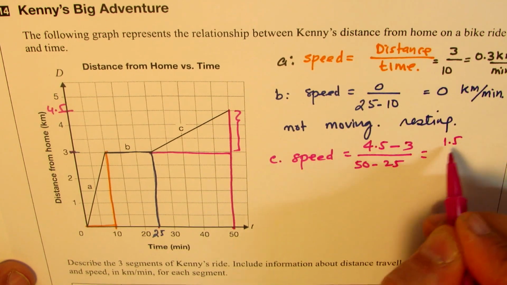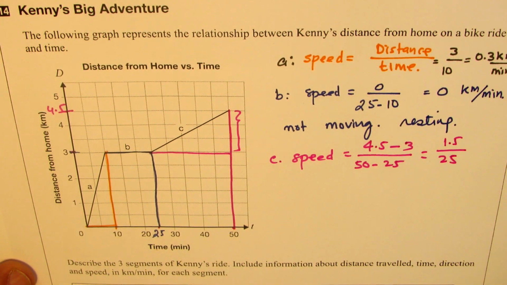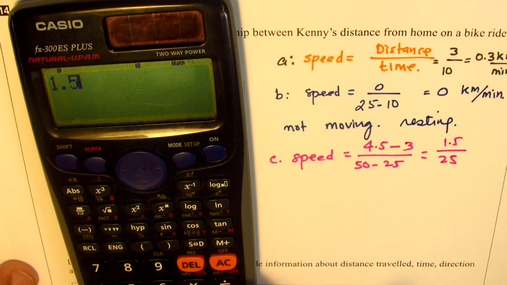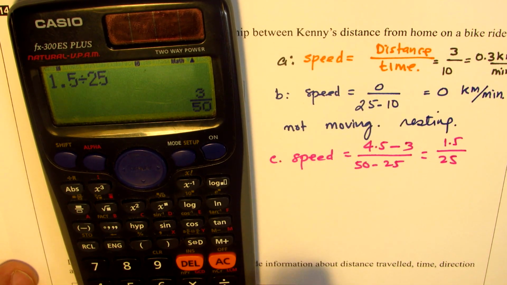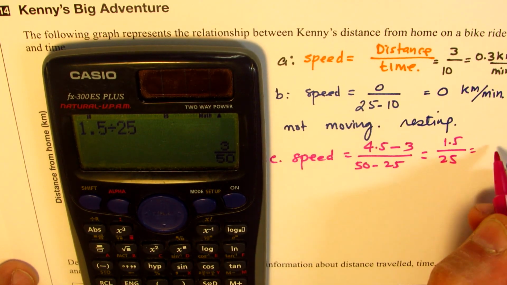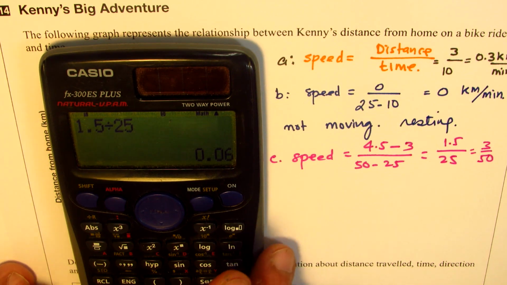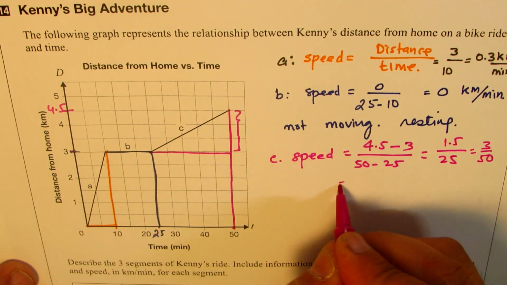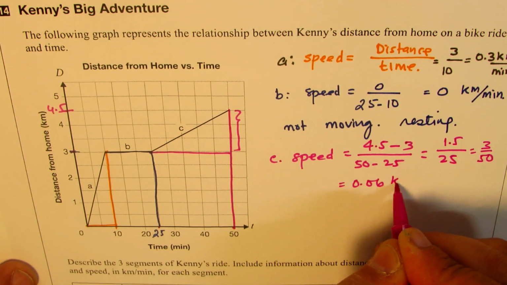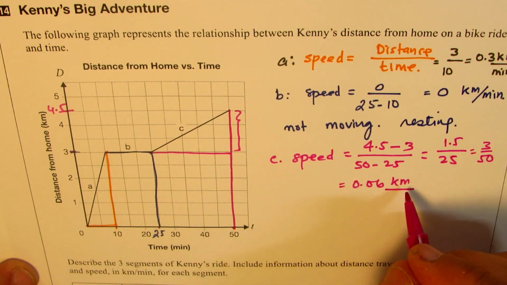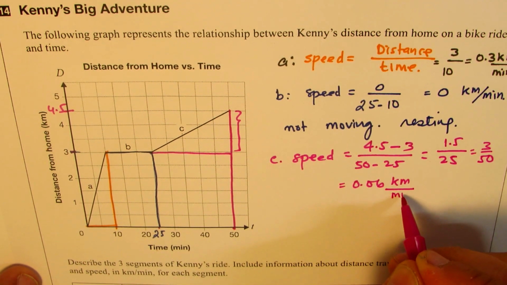Correct? So we get 1.5 divided by 25, right? Quarter. So let's use calculator. We get 1.5 divided by 25 equals to 3 over 50. Okay, in decimals, 0.06, which is 0.06 kilometers per minute.